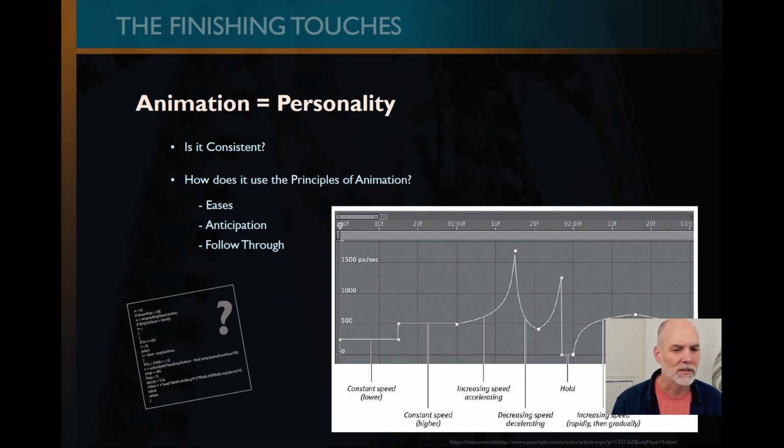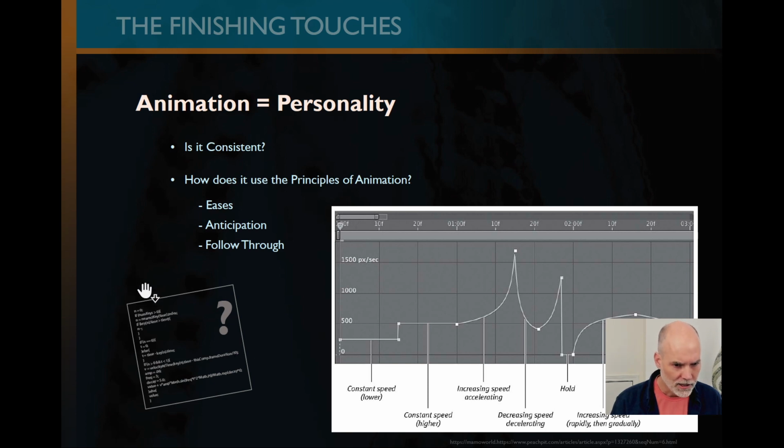If one element moves a certain way at the beginning of your piece, then a similar element should move in a similar way at the end of your piece, okay? So make sure it's consistent. And some of our principles of animation are, the one big one, I guess, is staging. So making sure everything feels right and is clearly portrayed and consistent.